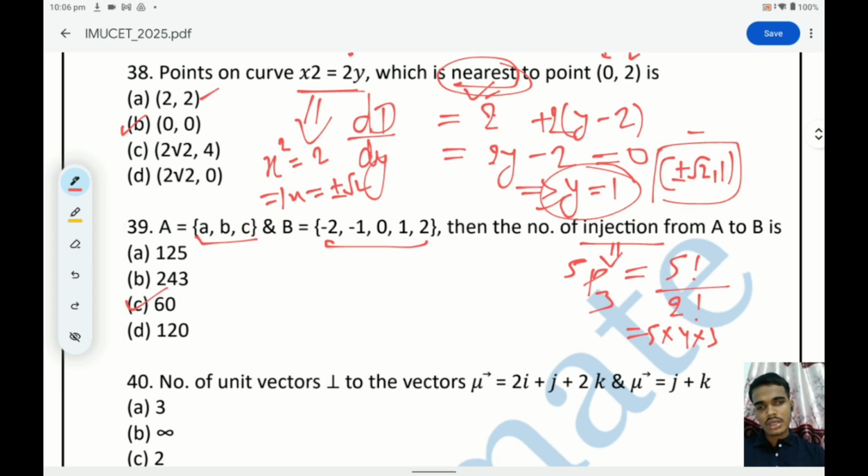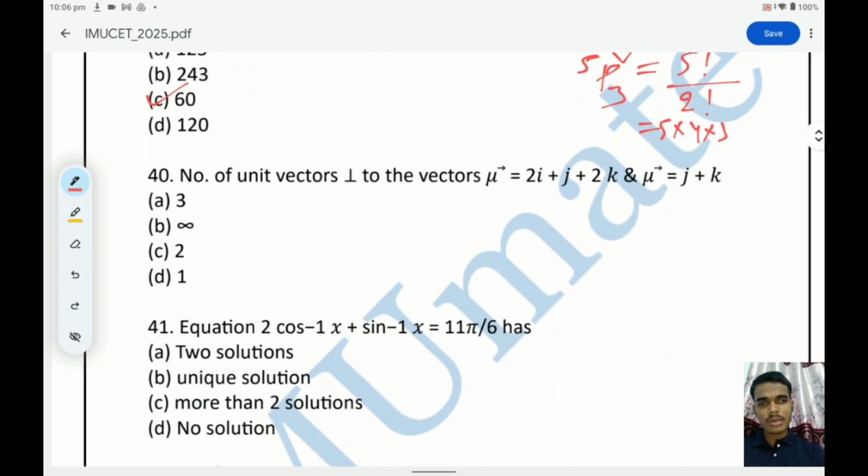Now question number 40: the number of unit vectors perpendicular to the given vectors. To find the unit vectors, we will find the cross product. Its cross product will be the determinant of i, j, k, then 2 1 2, and 0 1 1.